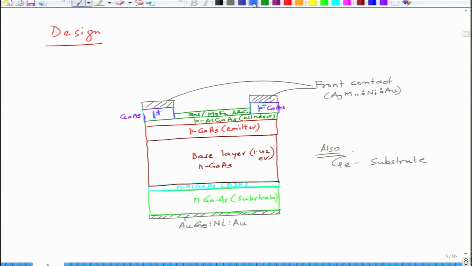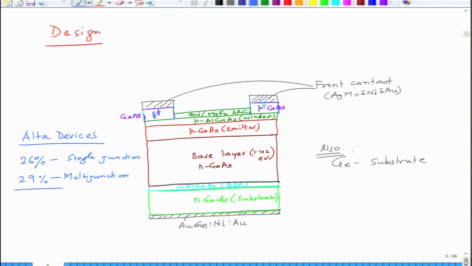These solar cells in efficiency, so there is a company called Alta Devices. So, right now their solar cells show 26% for single junction, and gallium arsenide also is used in multi junction devices, and in multi junction they have gone up to about 29%. So, they have very high efficiency as compared to silicon.